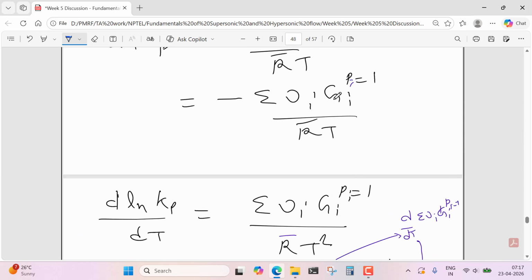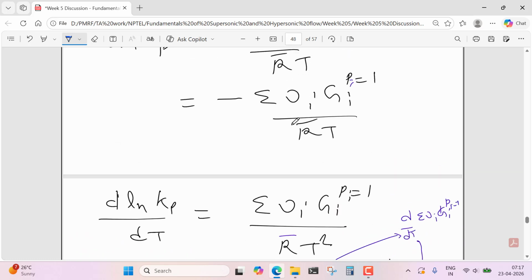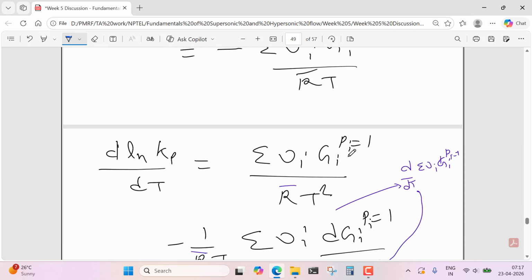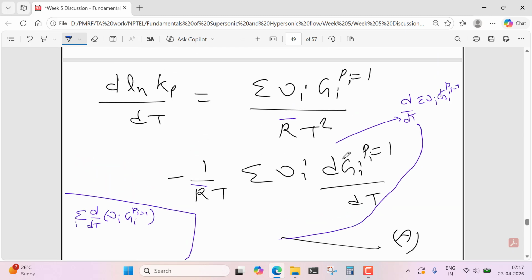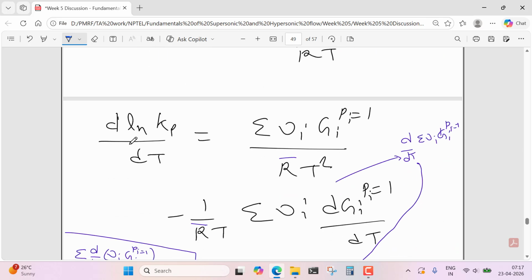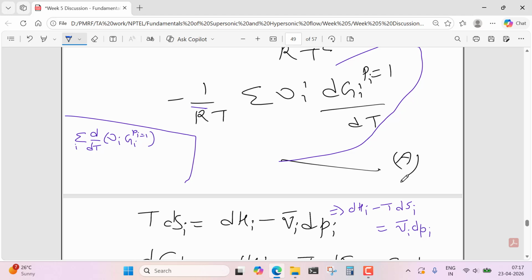For the second term, it will be minus 1 upon R̄T, Σ ν_i ∂Ḡ_i(P_i = 1) upon ∂T. It is ordinary differentiation, so it is directly d. Let's give it the name A.